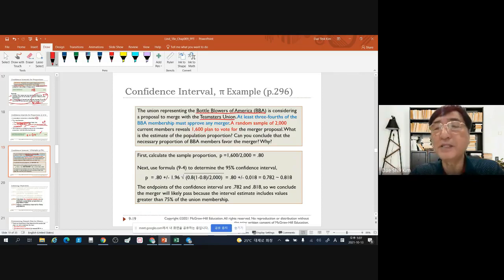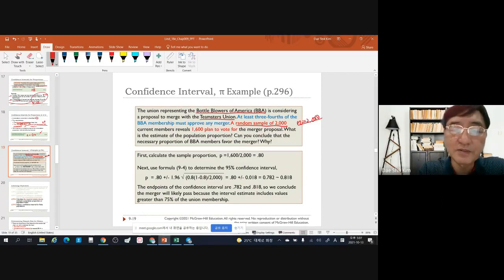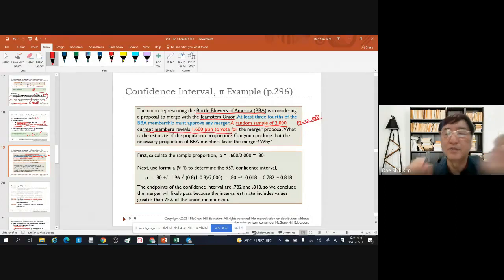The population size, capital N, is very large, so we cannot ask everyone. The random sample size is 2,000, which is still very large. The random sample of 2,000 people reveals that 1,600 approved.